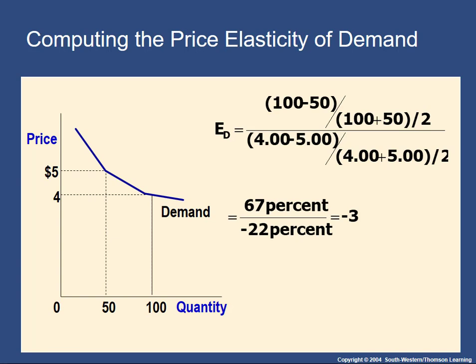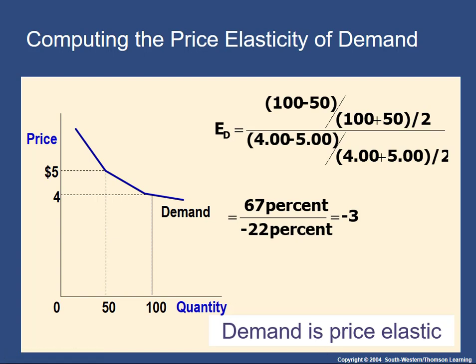And in terms of absolute value, that's how we're going to characterize whether or not we're talking about an elastic or inelastic demand curve. This demand curve comes up with, in that range, a value that's greater than 1 in absolute value. So we would say that the price elasticity is elastic. Demand is elastic in that range.